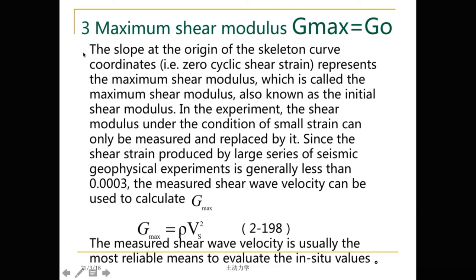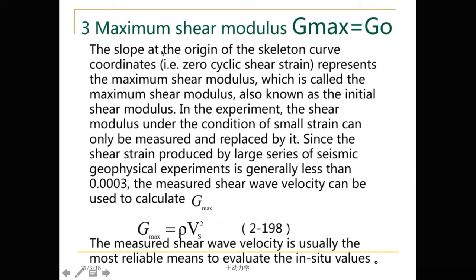And let's see the maximum shear modulus, Gmax, and Gmax equals G0. What is G0? In fact, G0 is just the initial shear modulus, the slope at the origin of the skeleton curve's coordinate, for example, at 0 cyclic shear strain.